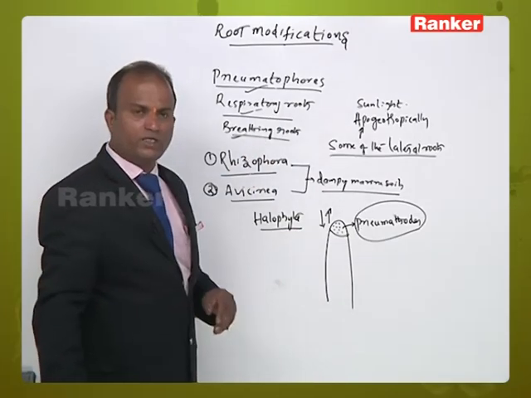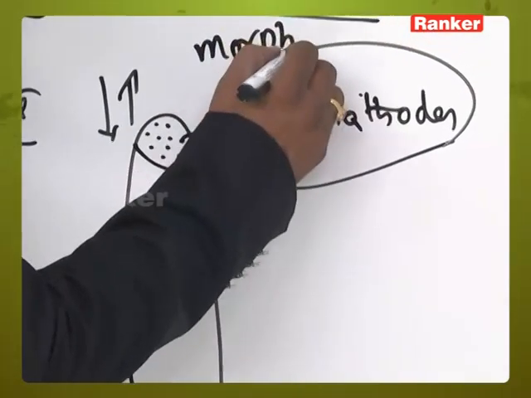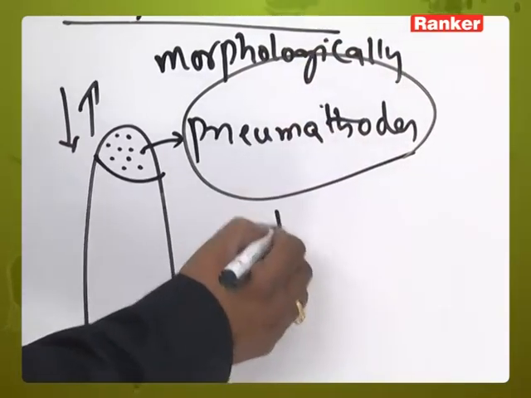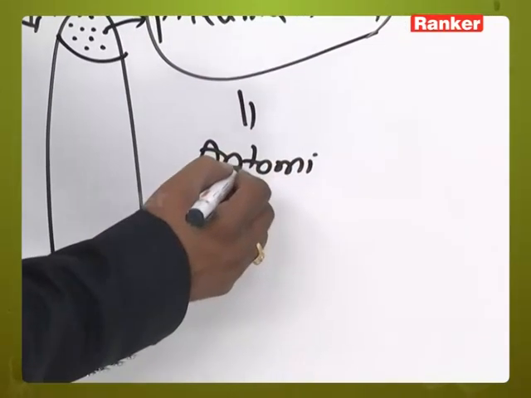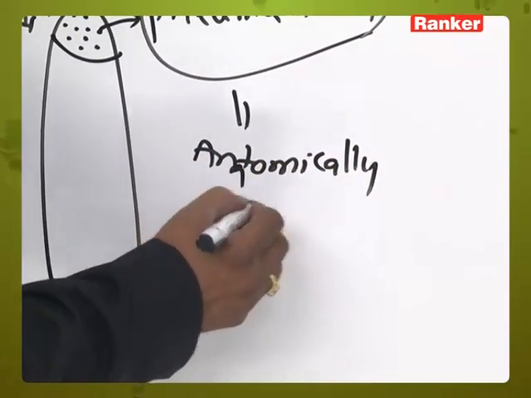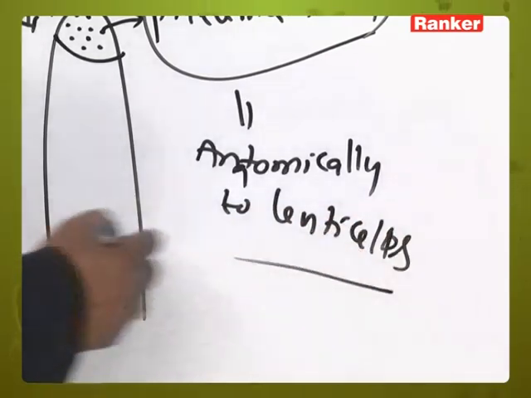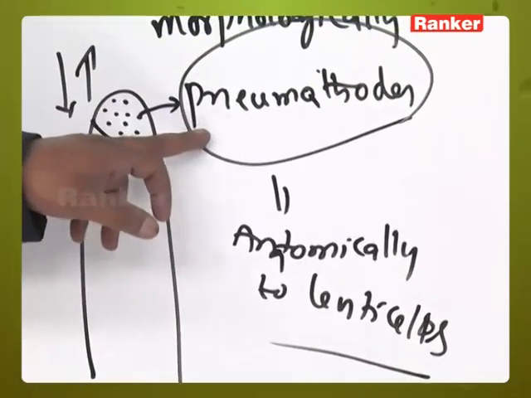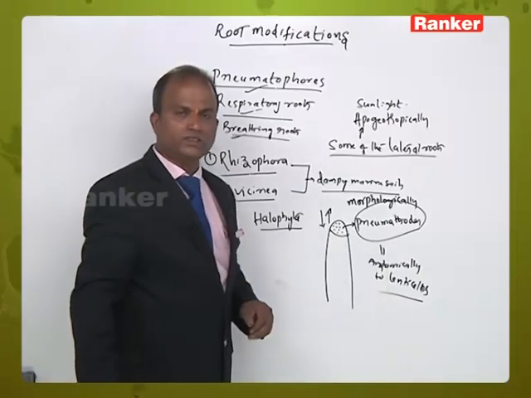Now, can you tell me morphologically what nematodes are? Morphologically, nematodes are anatomically equal to lenticels.